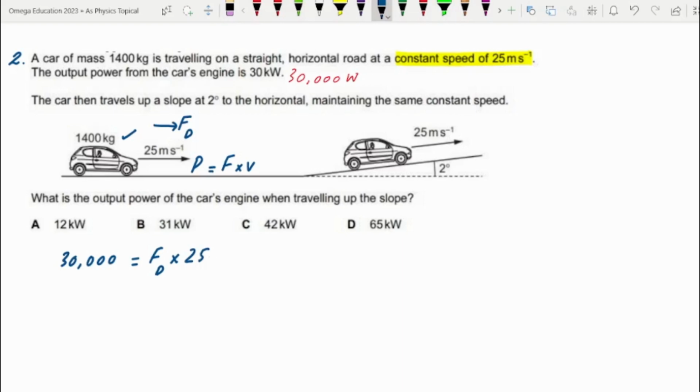So if I hit it on the calculator, what I get is 1200. So the driving force would be 1200 Newton.